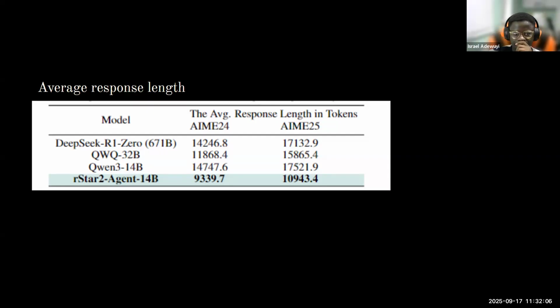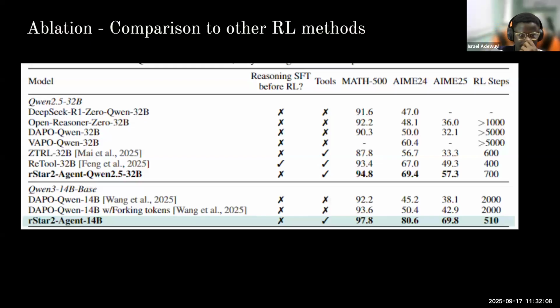So, yeah, they had ablations where they compared GRPO with resample on correct to other variants of GRPO, other variants of RL training. And again, they had the benchmark results, specifically on AIME 24.